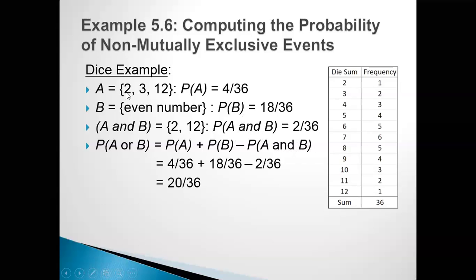So these are all outcomes in the particular A event, there are also outcomes in the particular B event, and this is also the outcomes in A and B, right?